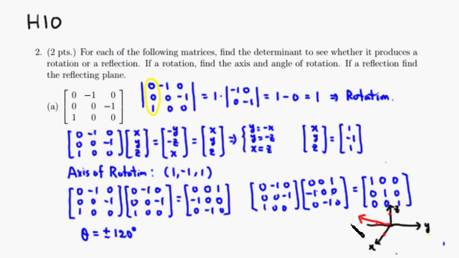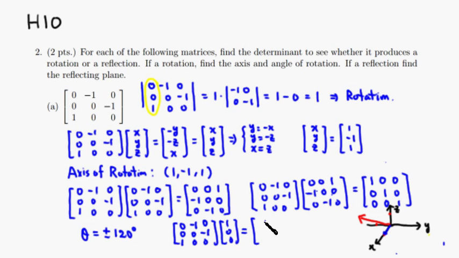Then I'm going to apply this same matrix to the i vector: 0, negative 1, 0, 0, 0, negative 1, 1, 0, 0 applied to 1, 0, 0, and observe which way it goes.